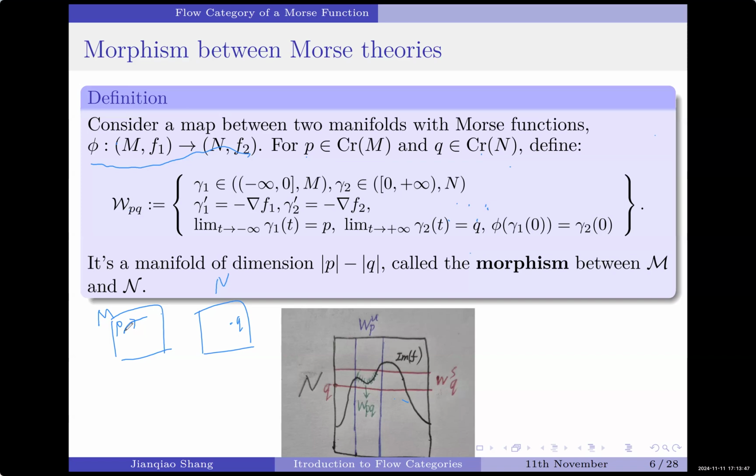I start from P. After the flowing, it flows to another point R, and I use the map phi to map it to phi of R, and consider the gradient flow on N, and it ends at Q. So I define the W_PQ as this.